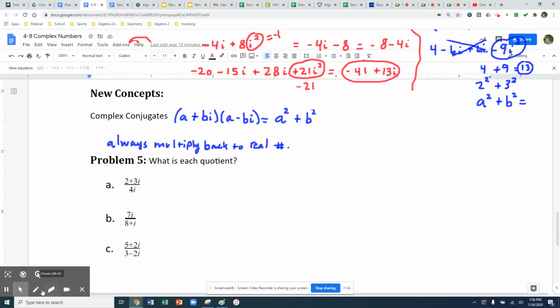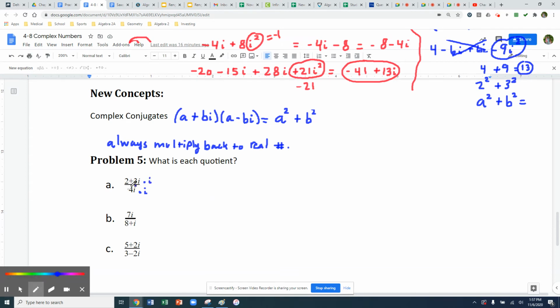For part A, then, I cannot divide by a 4i because it's imaginary. But when you have a pure imaginary number, if we just multiply 4i by i, it becomes 4i squared. And we should know by now that i squared is equal to, yes, negative 1. Now in our numerator, we're going to multiply by i as well.